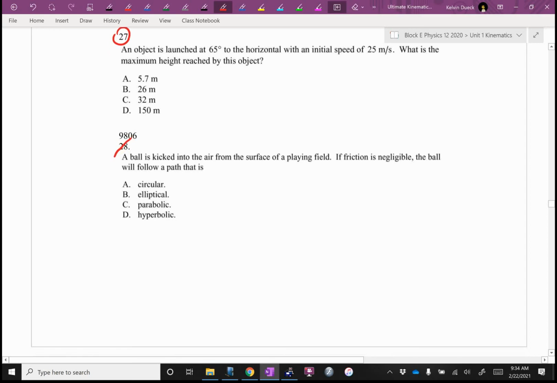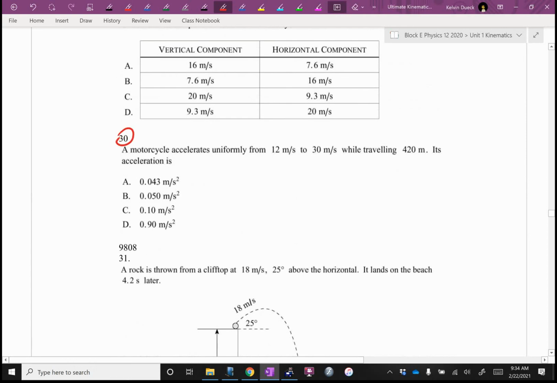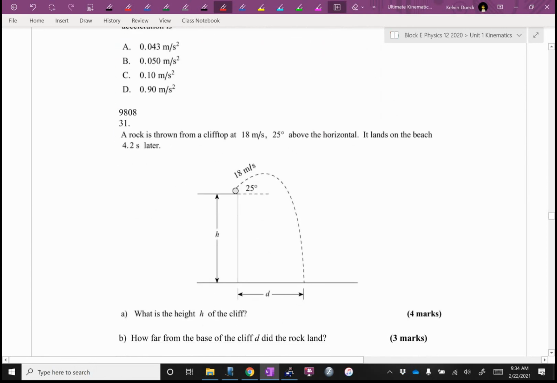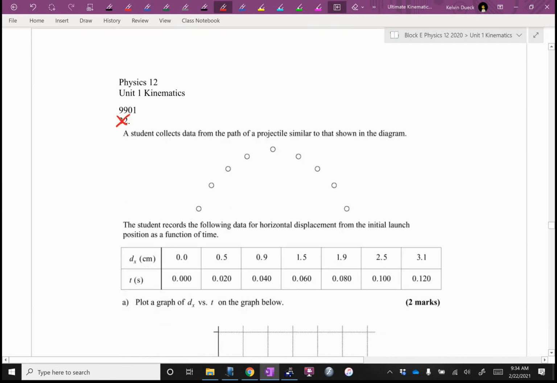You can cross out 28. 29 is good. 30 is good. Oh, 31, they gave me the time. That one's going to fall apart. 31 is good. Cross out 32.